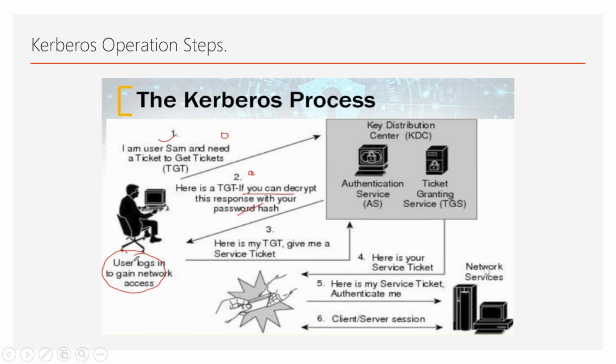The resource will receive the service ticket and check whether it was provided by the TGS. Once the TGS confirms that this is an authenticated user and the ticket is provided by the TGS only, a client-server session will be established. So this is the entire Kerberos process which works in your domain environment.